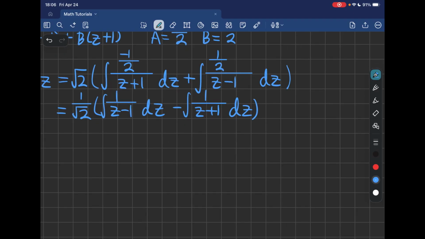Right, so now it's becoming very clear. This probably reminds you of ln, right? If we take the integral of that, that becomes ln, remember absolute value, ln of z minus 1 minus ln of z plus 1.